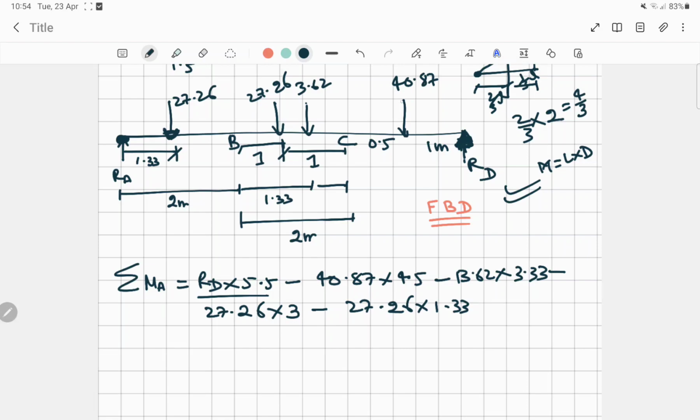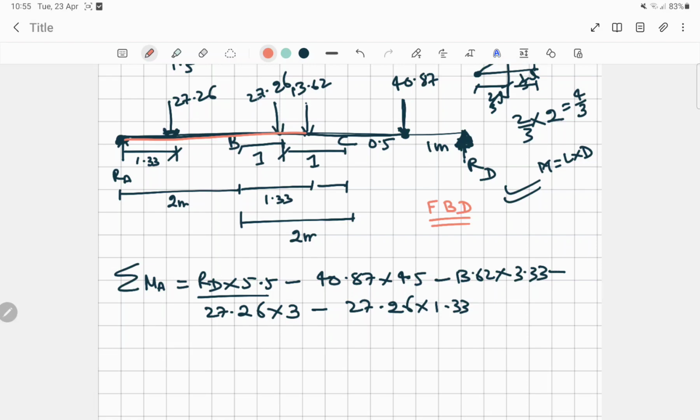Now upward forces we are considering as positive and downward as negative. So minus, again, see, 40.87 will cover 4.5 distance, from here to here, to reach this point, right? So that's why it's 4.5. Minus again 13.62 covers 3.33.